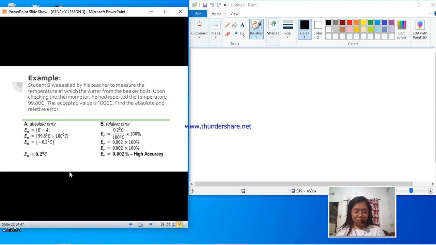Try natin. Ano po ba yung 1% ng 100? Answer is 1. Kailangan na makuha yung percentage error is less than 1. Ang nakuha natin is 0.2%, which is accurate. Shows accuracy.